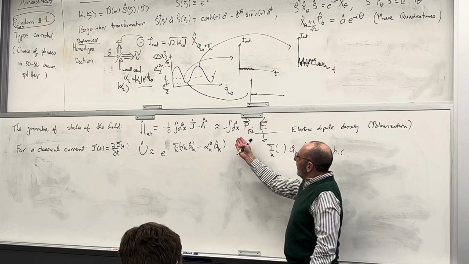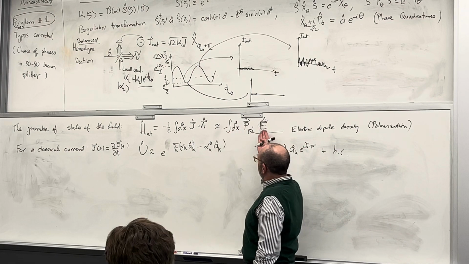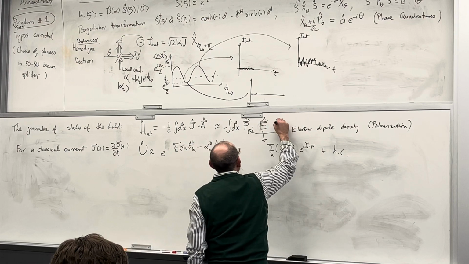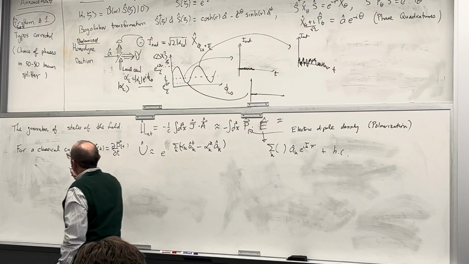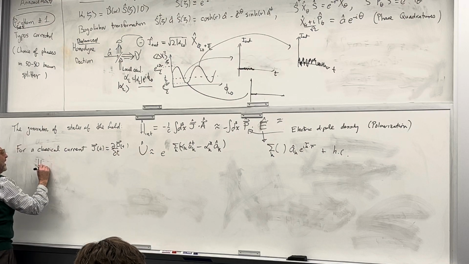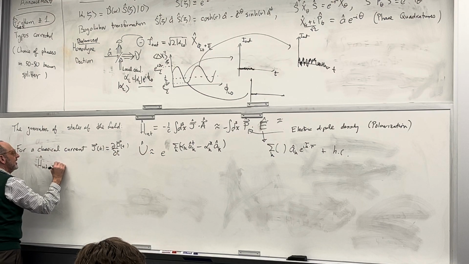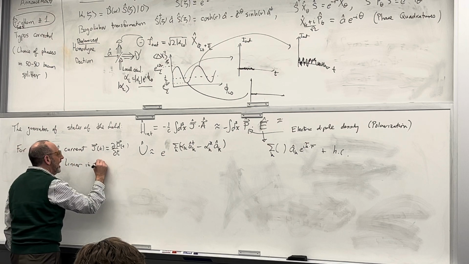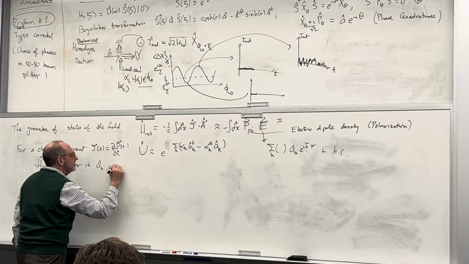And so this object is, for a classical current, if I have a classical current, then H, the interaction Hamiltonian, is linear in a and a dagger.